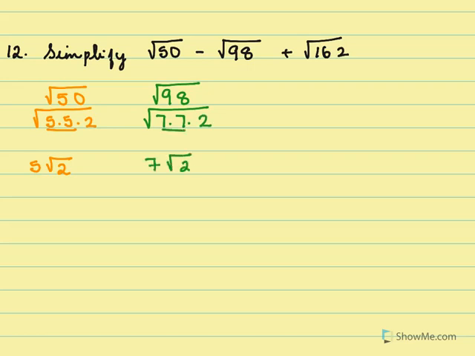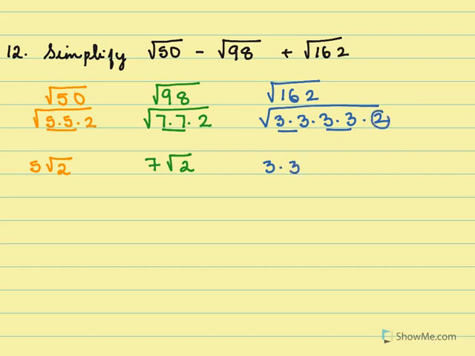Groups of 2, 7 root 2. Now it's time to simplify under root 162. On short division of 162, it would be 3, 3, 3, 3 and 2. So I'll make groups of 2. So I have 3 and 3, and what remains inside is root 2.